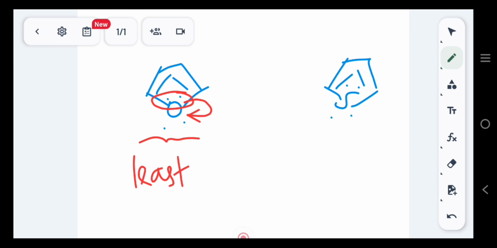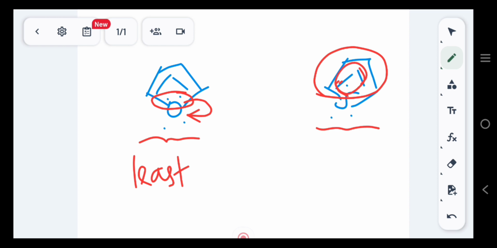Similarly, in thiophene, sulfur is the least electronegative among these three. So it will not pull the lone pair of electrons towards itself. It is free, and if it is free, then it can involve in conjugation. This lone pair of electrons also involves in conjugation, and if it does, the compound will be more aromatic.